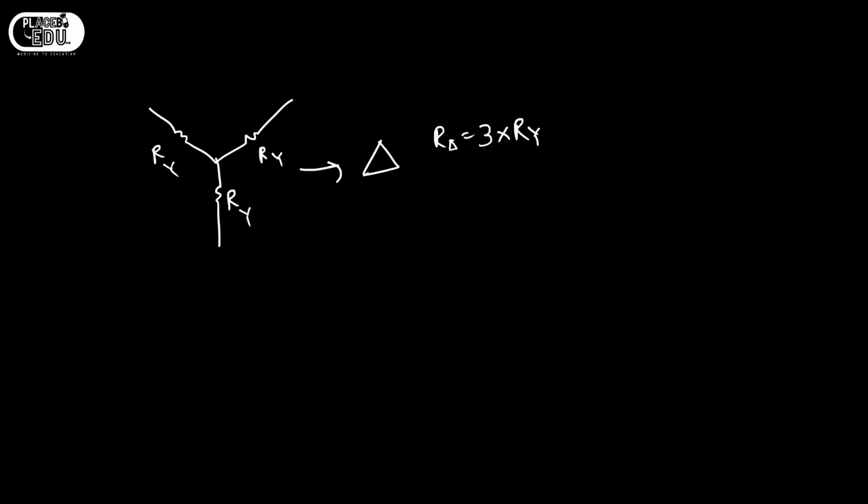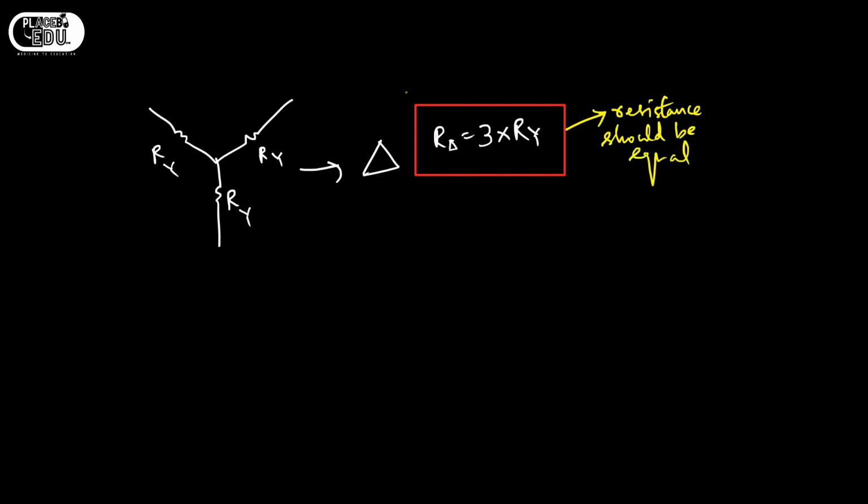This is the important result which you have to remember. This is an important result. But there is a condition regarding this. Here resistances should be equal. Understood? This is the important condition.